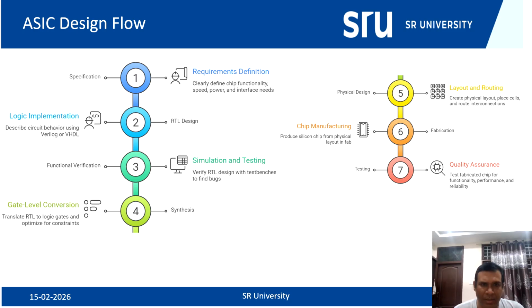Placement is basically used to place all the different modules and sub modules in the major blocks on the chip, and it determines the exact location of the individual logic cells.